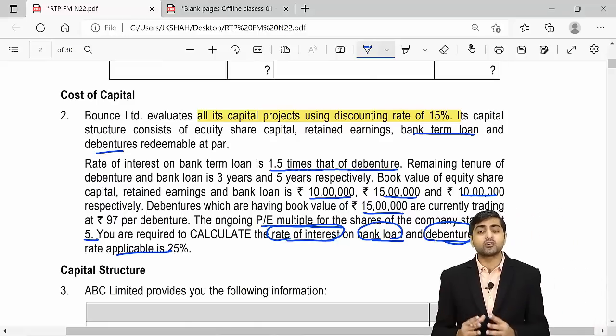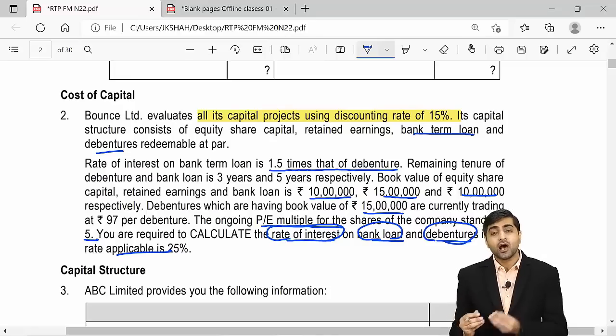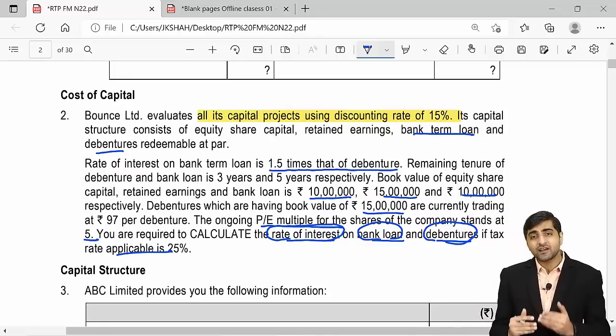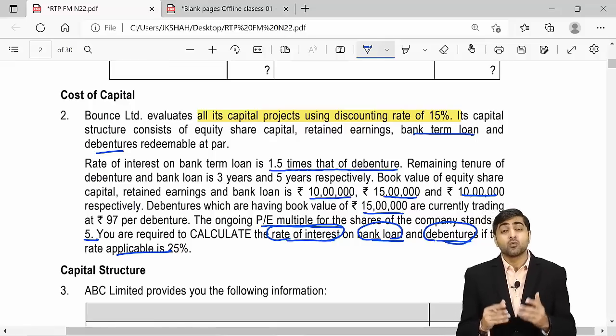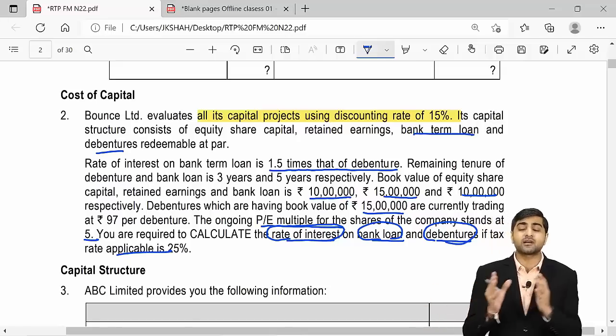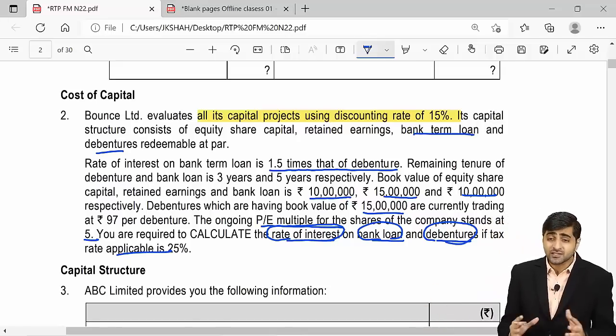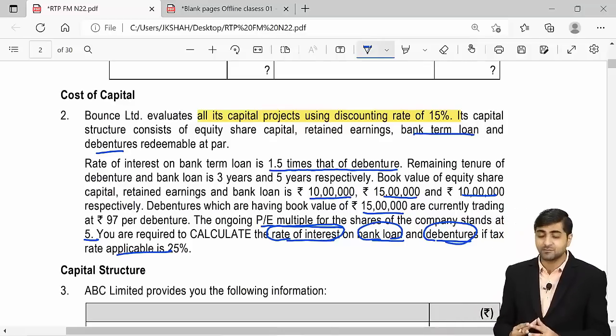See, basically you all know in cost of capital, ultimately when you calculate your WACC or your KO, how do you apply that? You definitely apply that for the purpose of analyzing a particular project. What should be your discounting factor? So your KO and your WACC actually becomes your discounting factor. So in this particular question, we have the discounting factor or your WACC available as 15%.